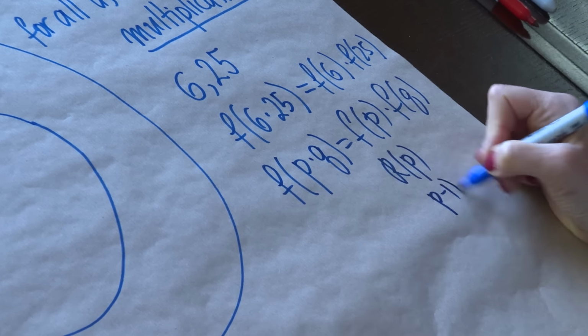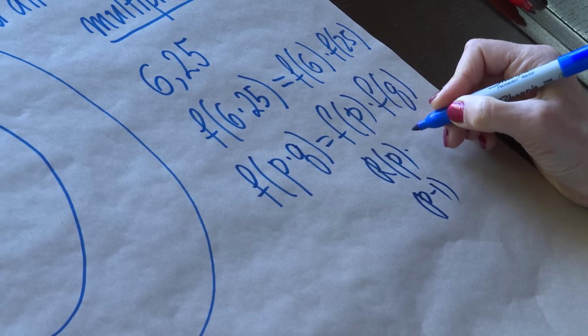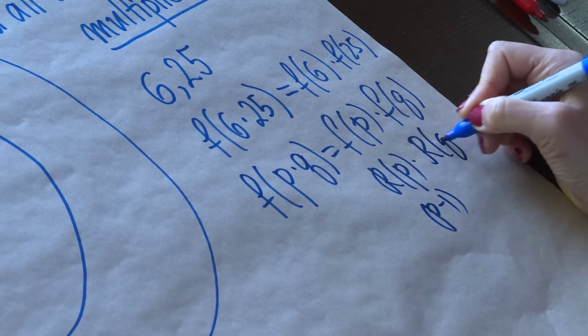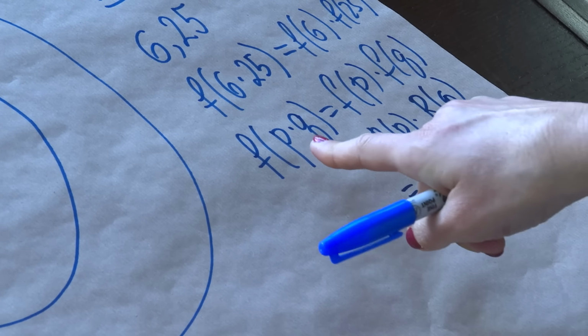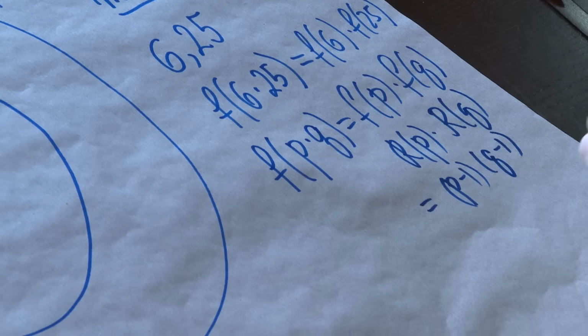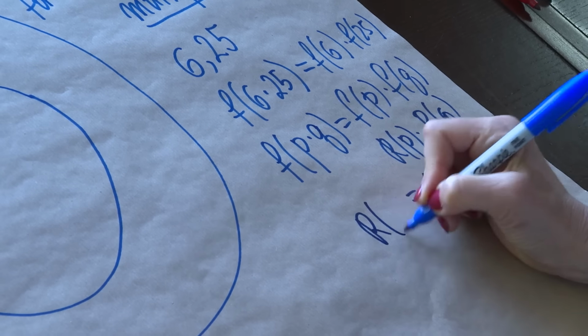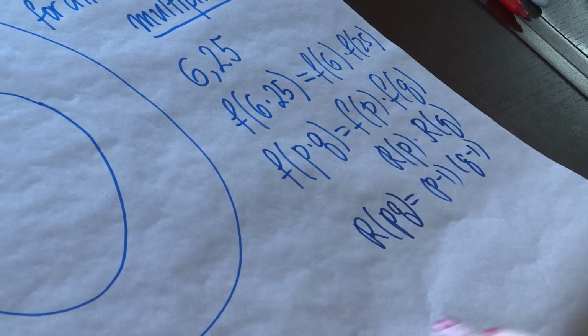It was p minus 1, right? The Raffle for the q would be q minus 1. But when you multiply them on the previous sheet, we showed that this is indeed the Raffle of pq. So our Raffle function looks like it should be multiplicative.